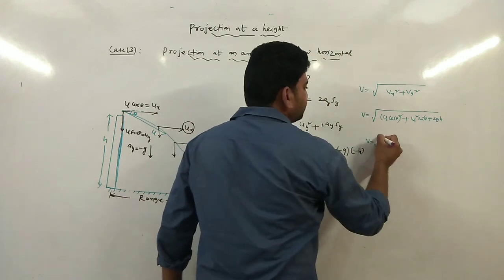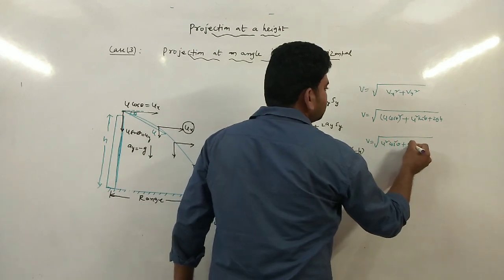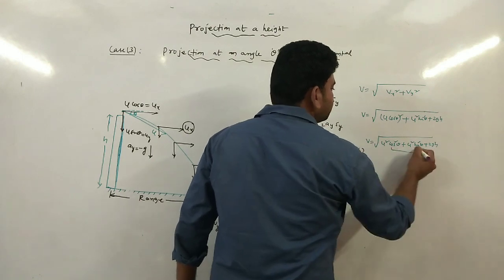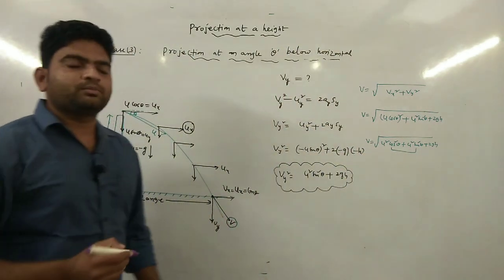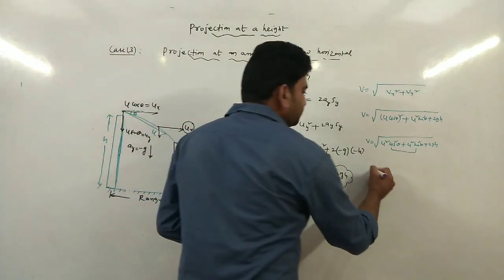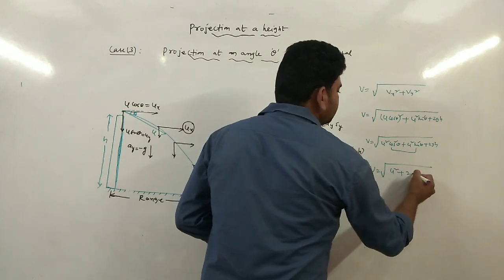From here v can be written as root of u square cos square theta plus u square sin square theta plus 2gh. From here u square we can take common, and from the identity cos square theta plus sin square theta is 1, we can write v as root of u square plus 2gh.